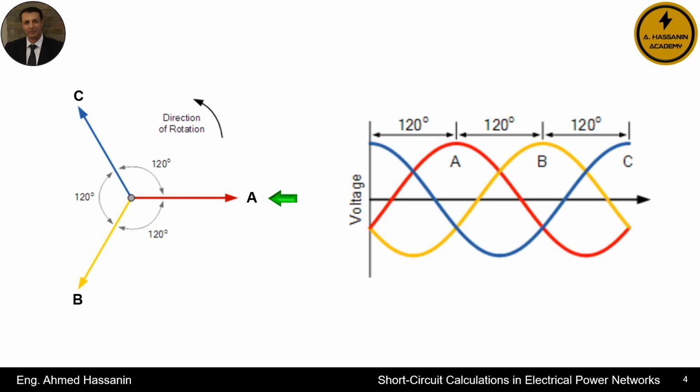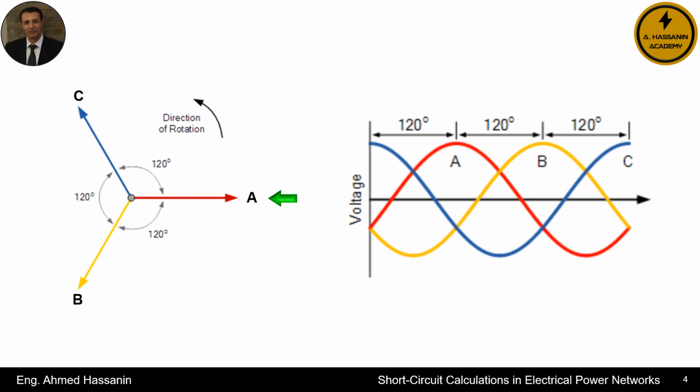To understand the concept of symmetrical components, we will focus on several very important points. The first point is the direction of rotation or the phase sequence of the three phases. The original direction or phase sequence for both voltage and current is counterclockwise.